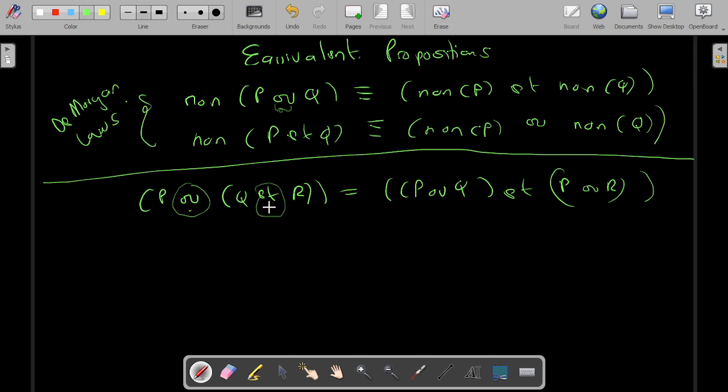So basically you can say (P or Q) and then AND (P or R). And the second proposition is obviously going to talk about the distributivity of AND with respect to OR. So this is going to be P and (Q or R) equal to (P and Q) or (P and R).